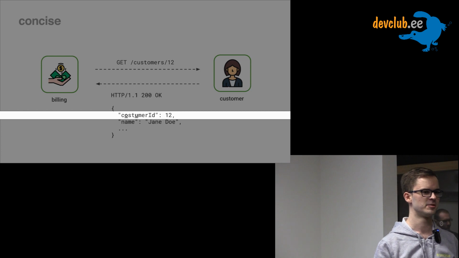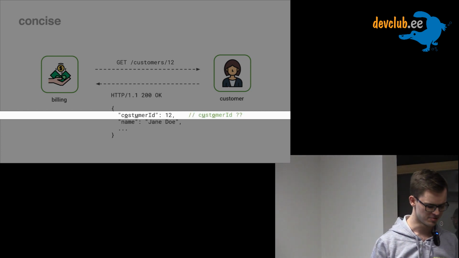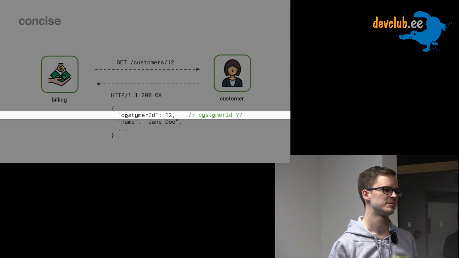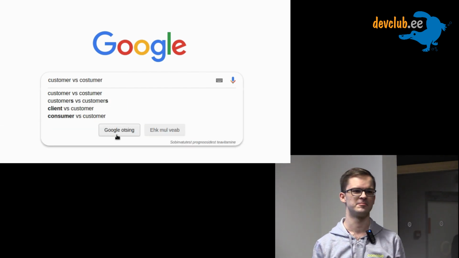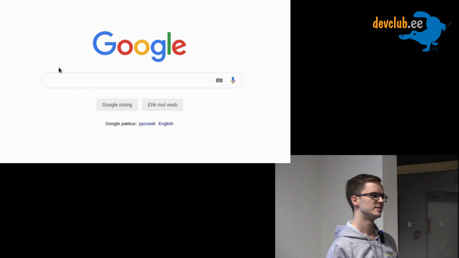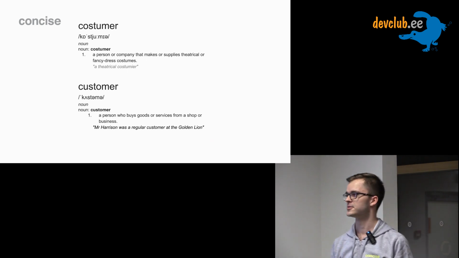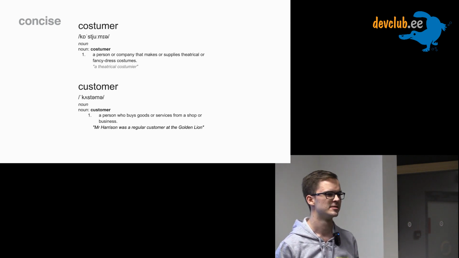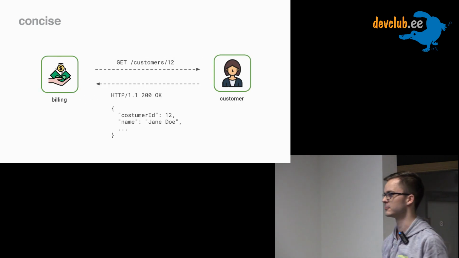So technically a typo. Since the team was perhaps not native English speakers, they turned to Google, googled costumer versus customer, and what they found was that yep, that was a typo. A costumer is somebody who makes costumes or supplies costumes. So embarrassing mistake, had to fix that quickly.